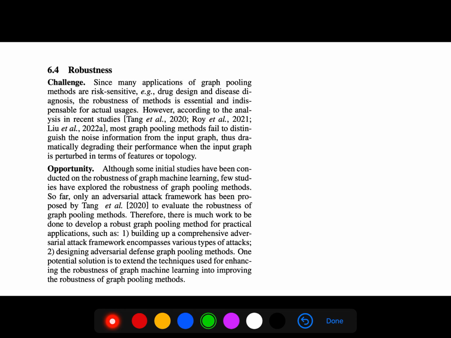So far, only an adversarial attack framework has been proposed to evaluate the robustness of graph pooling. Therefore, there's much work to be done to develop a robust graph pooling method for practical applications, such as building up a comprehensive adversarial attack framework encompassing various types of attacks.